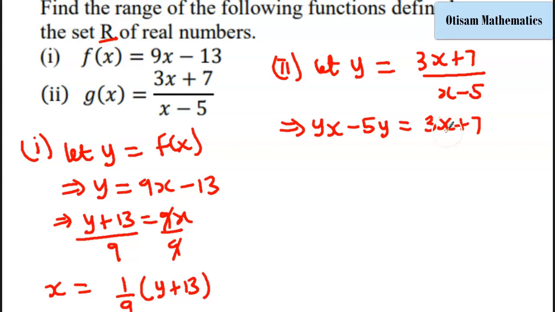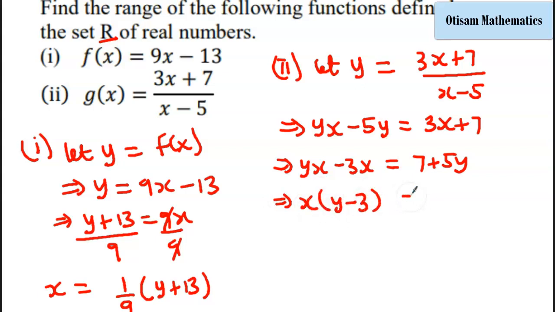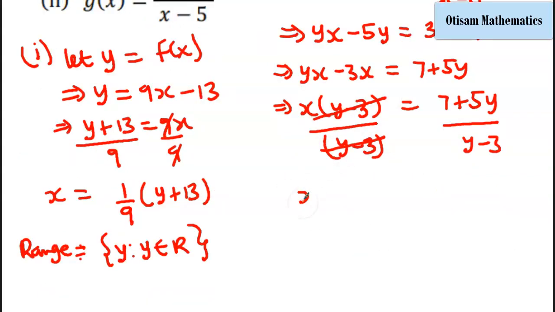Since we want to make x the subject, let's group the like terms: yx minus 3x equals 7, and when you send this to this side it becomes plus 5y. So factorize x out: x times (y minus 3) equals 7 plus 5y. We divide both sides by y minus 3, which cancels, so we have x equals (7 plus 5y) over (y minus 3).